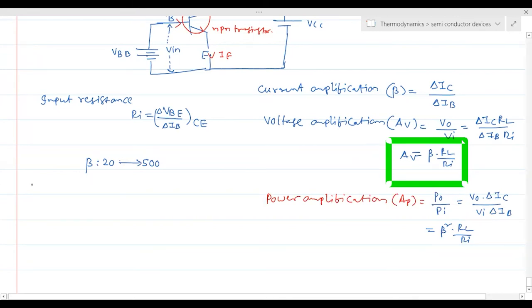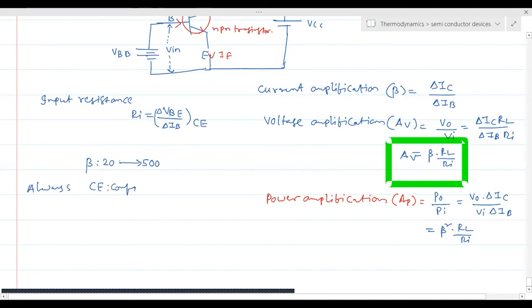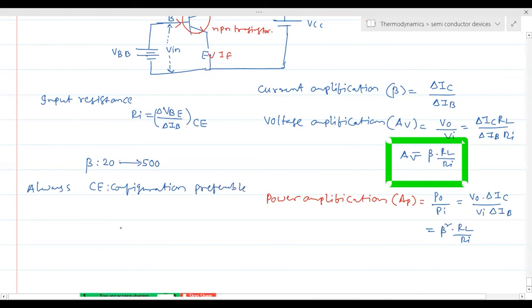So that's why CE configuration is best. CE configuration is preferable because of its more amplification nature. And we can remember the formulas without confusion. Just in 2 or 3 seconds, we will easily understand.